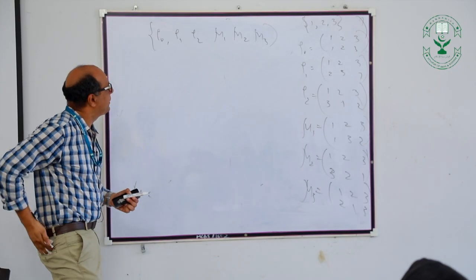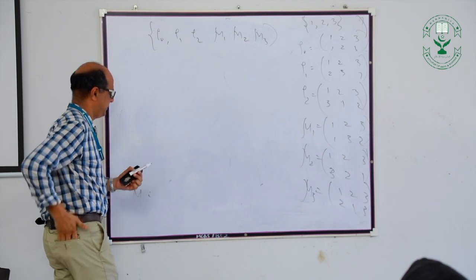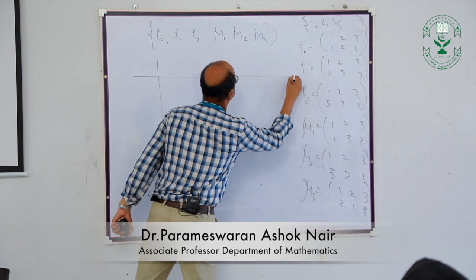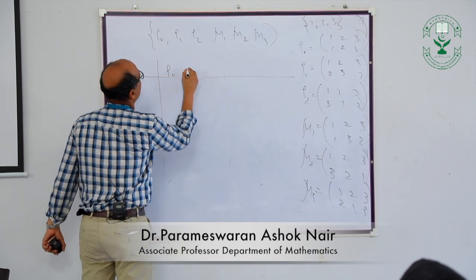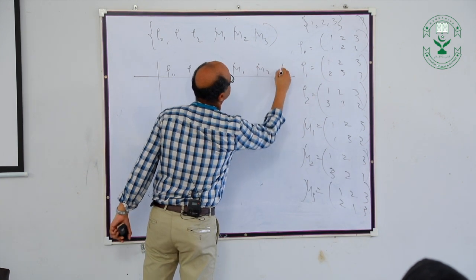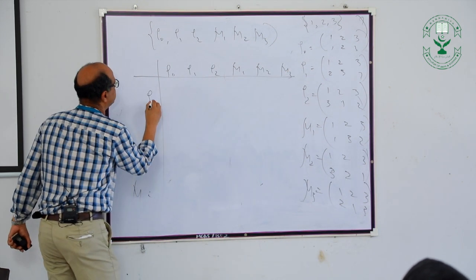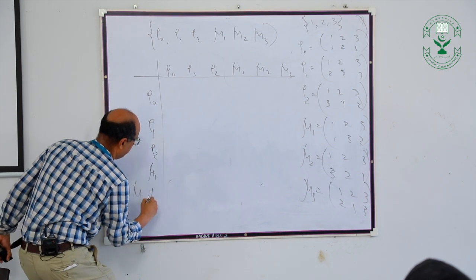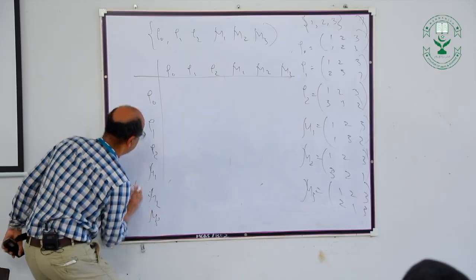So I am going to define an operation here. The operation is like this. I am going to define a table with row 0, row 1, row 2, mu 1, mu 2, mu 3 along the rows and the same along the columns, and form a table.